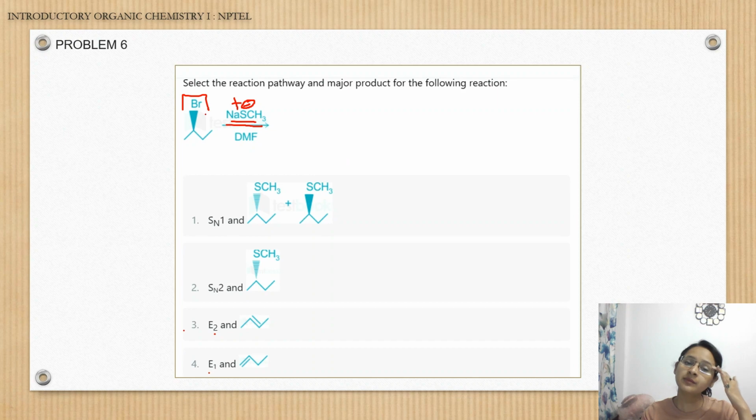But here there is a leaving group present on the reactant, but a strong basic medium is not present. So there is no base able to deprotonate the hydrogen and give you an alkene. So options 3 and 4 are getting eliminated because no elimination reaction is possible in this case. Only a substitution reaction can happen. Is this clear to you up to here, why elimination cannot happen in this case?